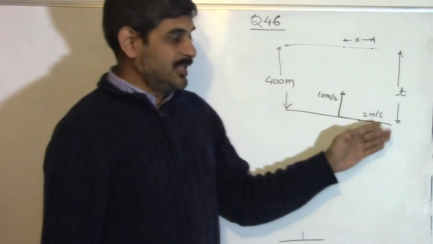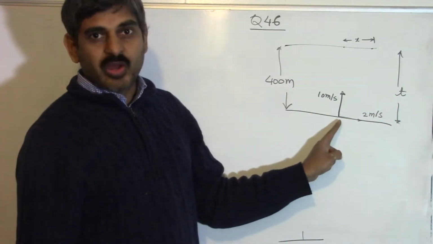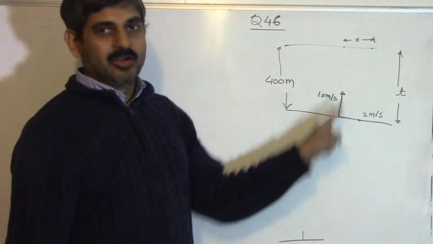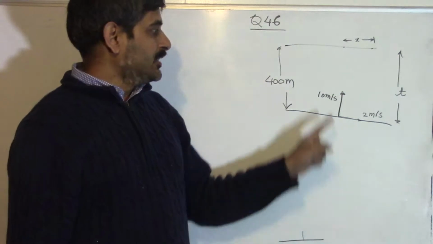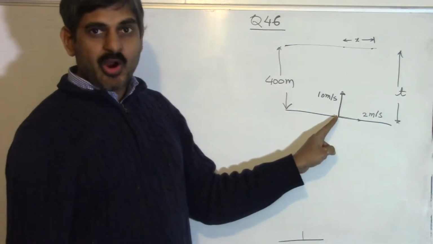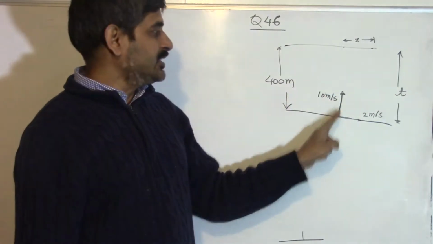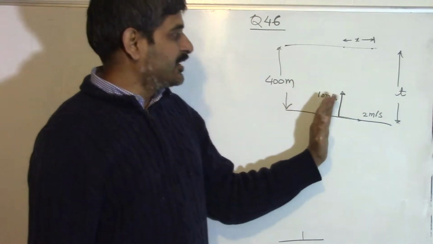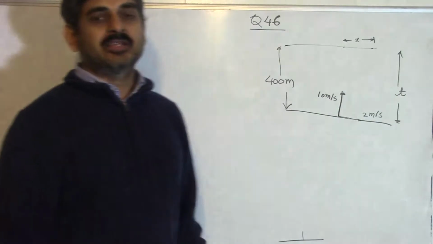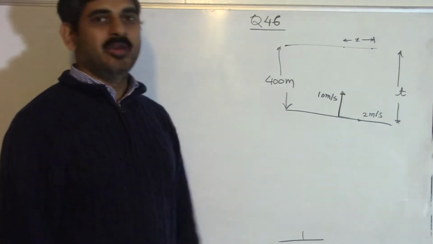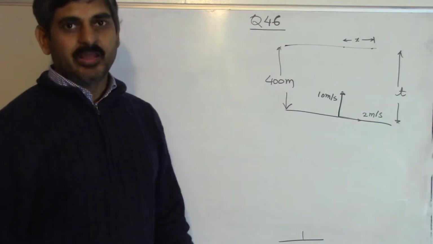This river velocity has no effect whatsoever in making the boat move in this perpendicular direction. In the same way, the boat is trying to move in this direction at 10 meter per second, and this velocity has no effect in drifting the boat along this direction. Separate this x-axis and the y-axis and you will be able to solve the problem very easily.